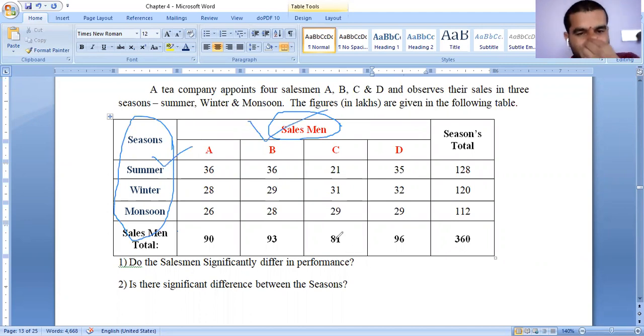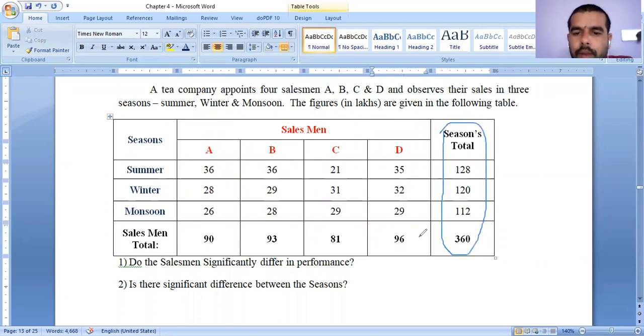After identifying two-factor analysis, first of all, you have to observe whether the total information is given or not, these row totals and these column totals. If these totals are not given in the question, then you have to calculate them. That's the most important thing. To get the grand total value, because sigma x1 whole square by r plus sigma x2 whole square by r minus the correction factor.